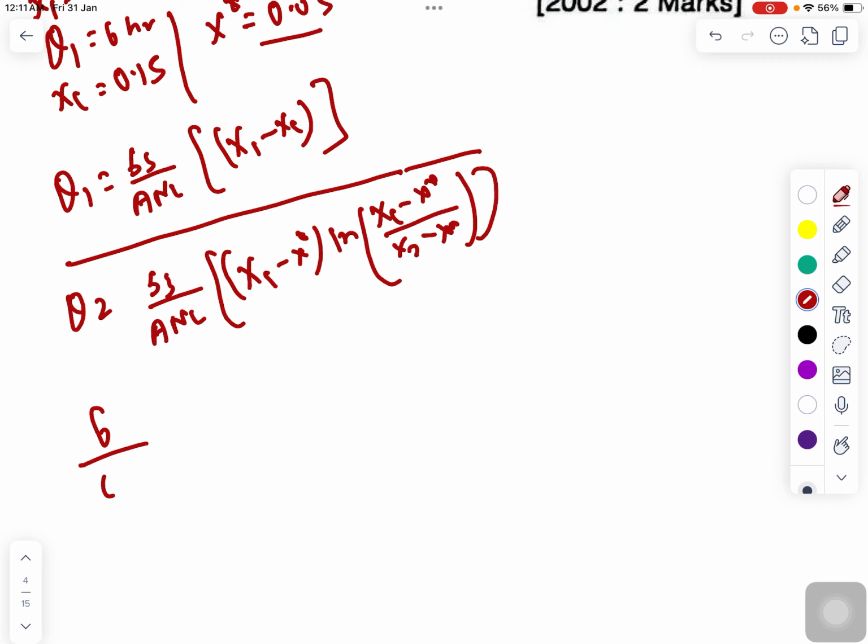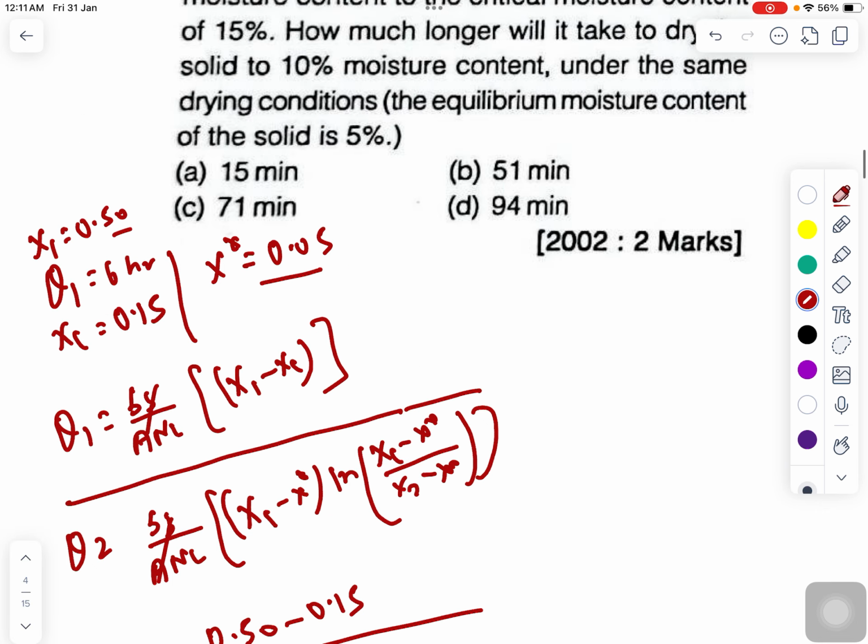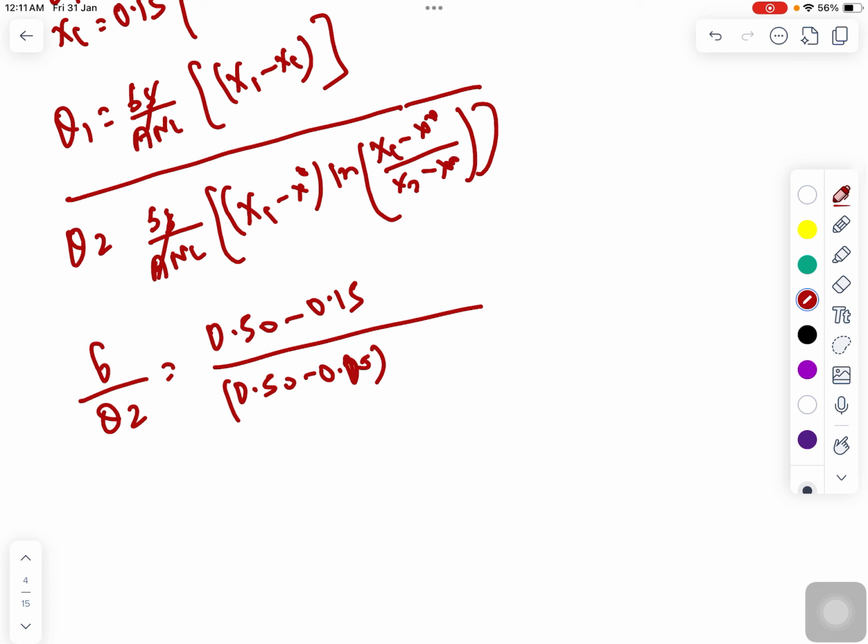Now if you write this, the time required in the first period is 6 hours, so I can write 6 divided by theta 2, it will get cancelled out. That is 0.50 minus 0.15 divided by 0.50 minus 0.10, and ln xc is 0.15 minus 0.05 divided by x2 is 0.10 minus 0.05.